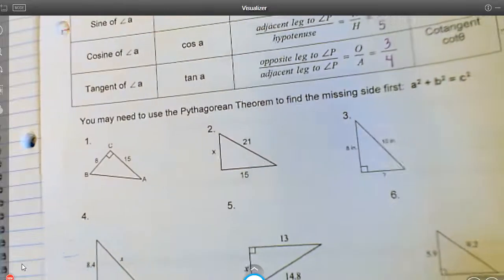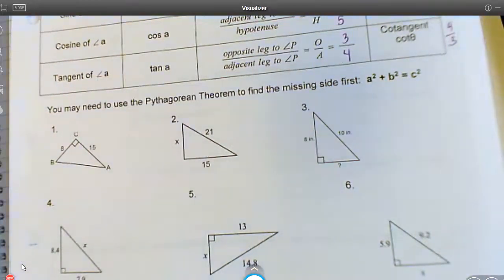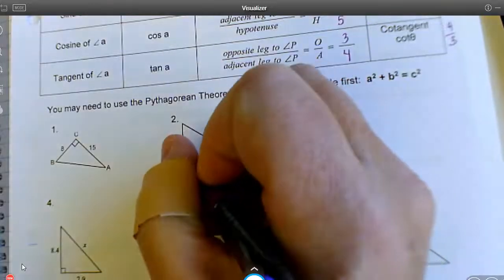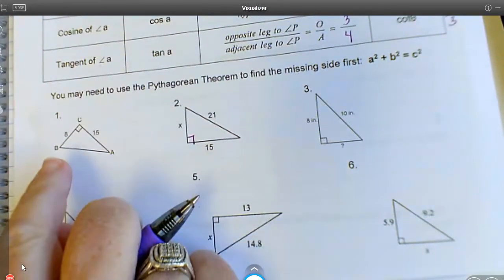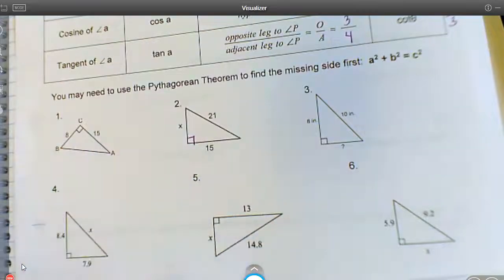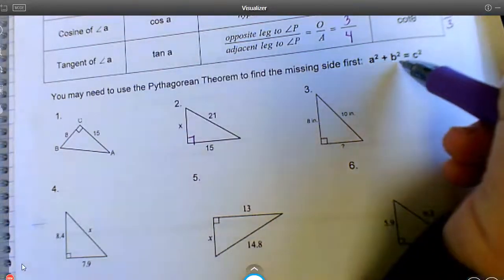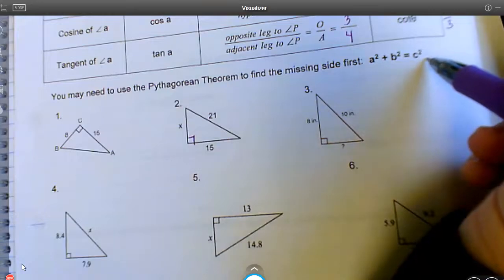Okay? You can only use Pythagorean Theorem when you have right triangles. If they are not right triangles, you can't use Pythagorean Theorem. All of these are right, so that's really nice. What we want to do first on number 1 is figure out which sides are our legs and which is our hypotenuse. Remember that A and B are the legs, C is the hypotenuse.